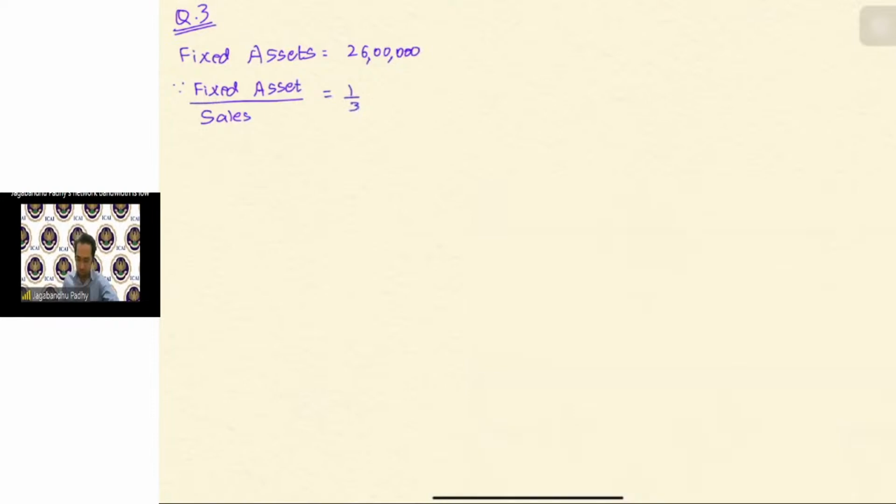And we know the fixed assets are amounting to 26 lakh. 26 lakh upon the sales value is 1/3. Therefore, sales will be 26 lakh into 3.